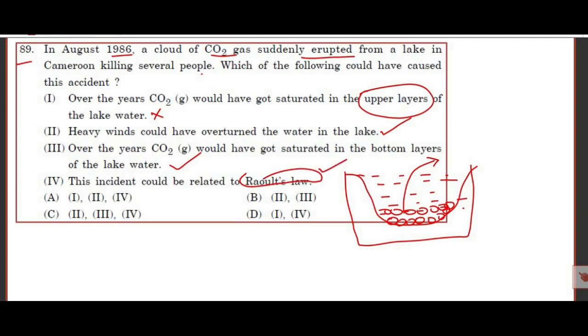Yes, it is related to Raoult's law. Hence, here you see Raoult's law says the partial pressure is equal to the mole fraction into the total pressure. Hence, answer C is correct. The correct answer is 2, 3 and 4.